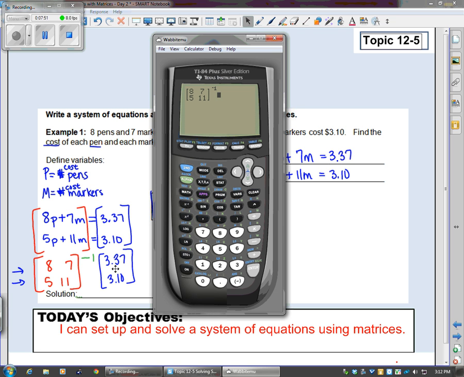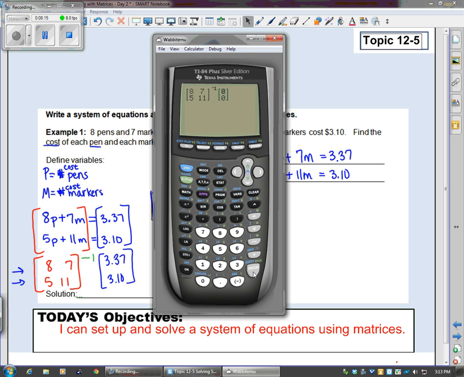Then we need to enter the second matrix, the stuff on the other side of the equal sign. So we do alpha, zoom. This time we have 2 rows but 1 column. So on column, I go down to 1 and I hit enter to highlight it. Then I arrow down to OK and hit enter.